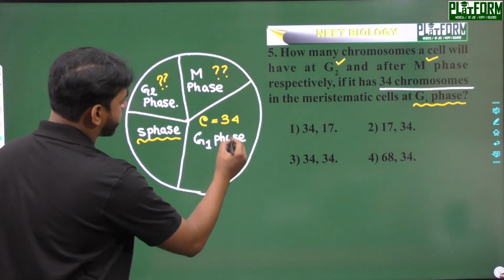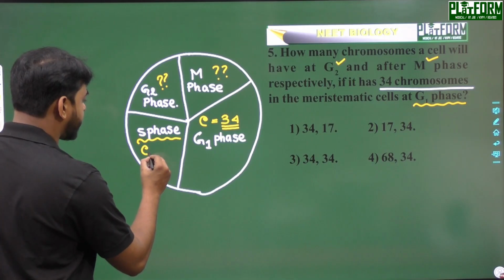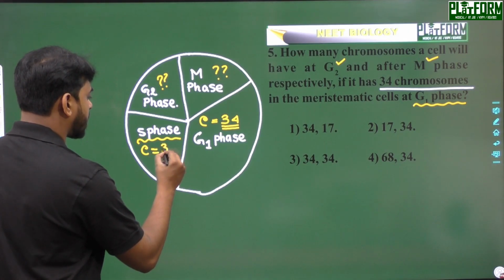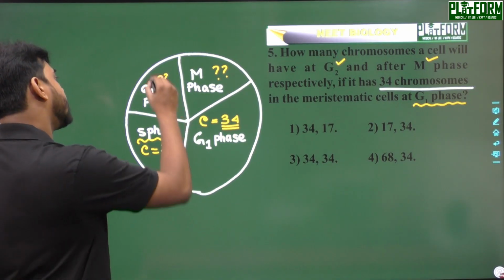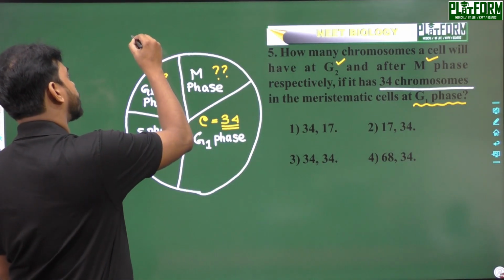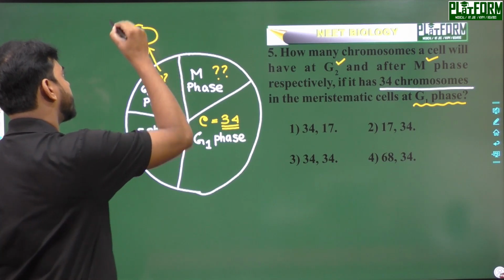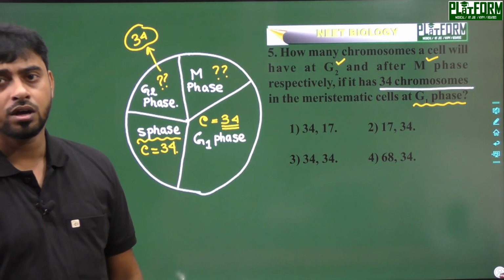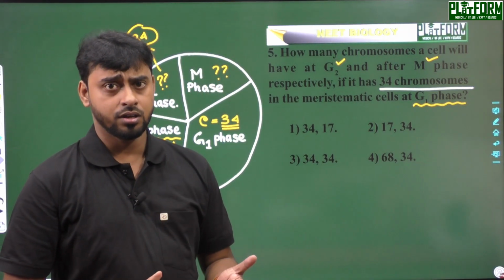So in G1 phase, if there are 34 chromosomes, in S phase the chromosome number remains 34, and in G2 phase the chromosome number remains 34. Now we know that this is a mitotic cell cycle.